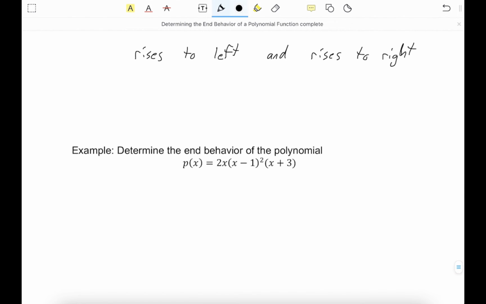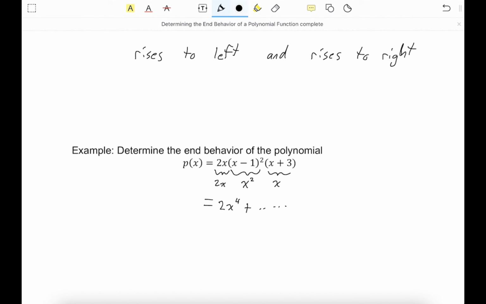Here, we have something that's a little more tricky. This term here, the largest term will be x squared when we would FOIL it out. This one is just an x, and this one gives us 2x. So the leading term, when we multiply all those together, is 2x to the 4th.